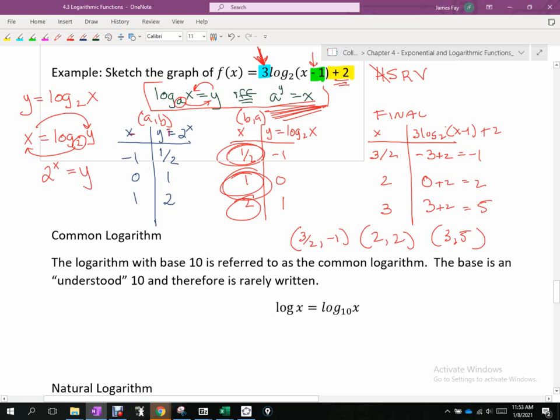Be able to realize that if I've got log base 2 of x, then its inverse is 2 to the x equals y. If I've got log base 3 of x, then the inverse is 3 to the x equals y. Okay, so find the exponential, find its ordered pairs, and then flip them to find the ordered pairs then of the logarithm, and then adjust them depending on what the transformations are.